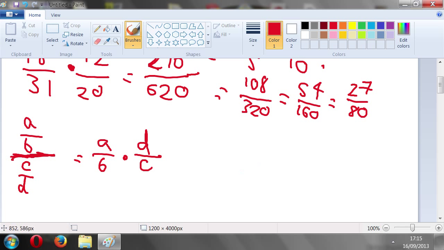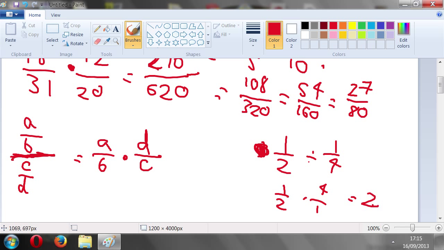If you did a half divided by a quarter, you'd change that around. You'd flip it, so it'd be the same as that. So that's basically why you flip it.